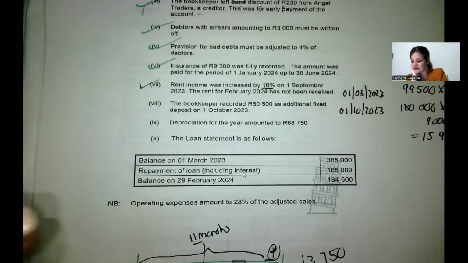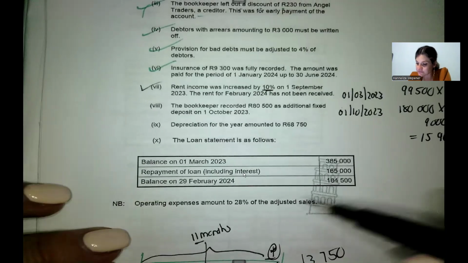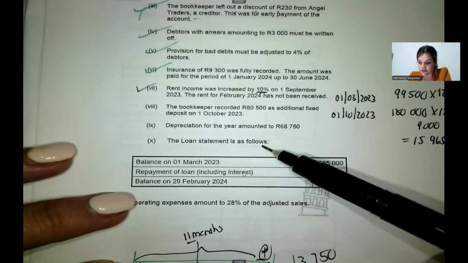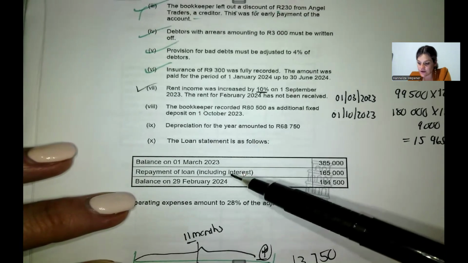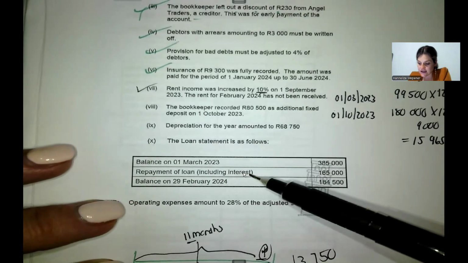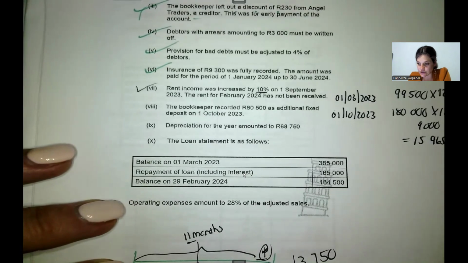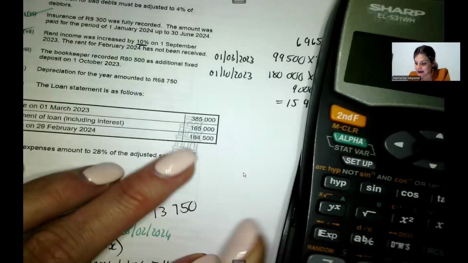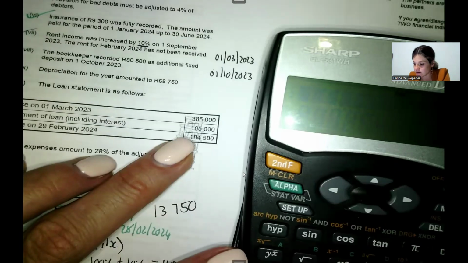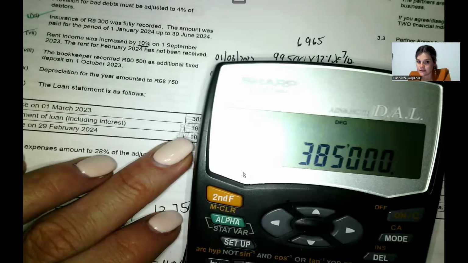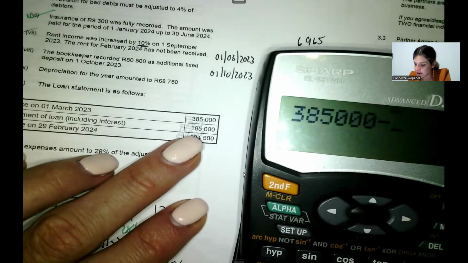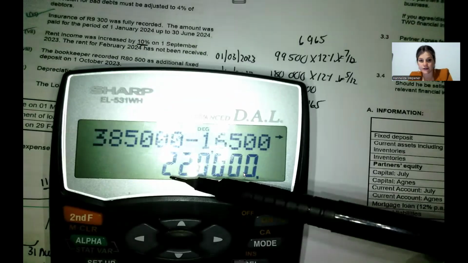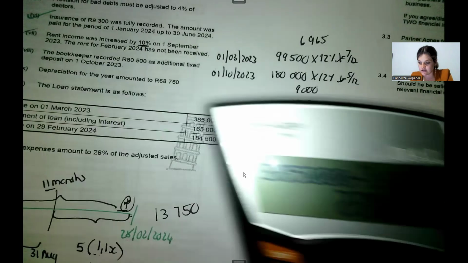Then second last one, last one, says that the loan statement is as follows. So you have a balance, you have repayment including interest, and then you have a balance at year end. So if I take my balance at the beginning of the year, minus my repayments, then I thought that I owed them 220,000 Rand.